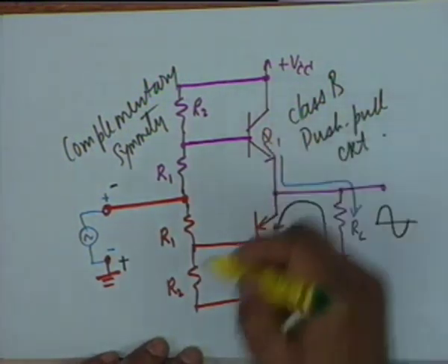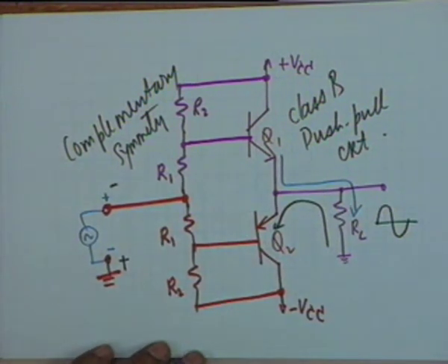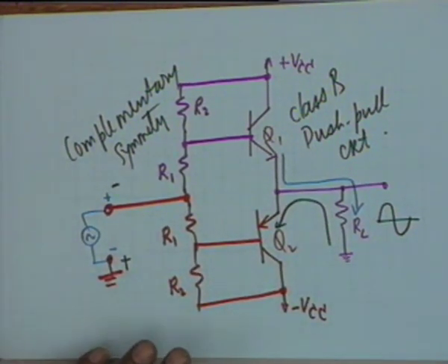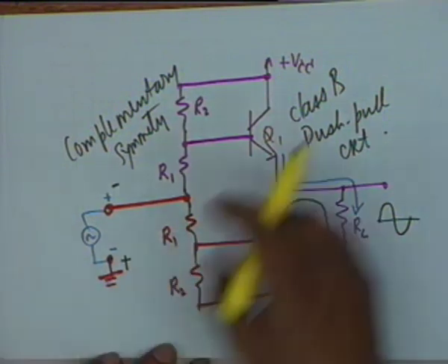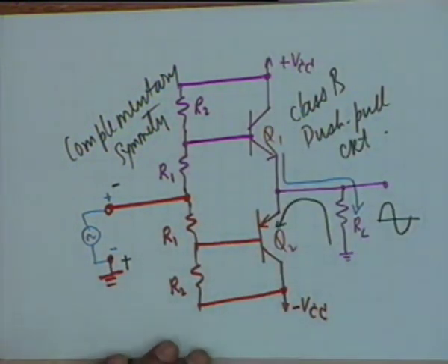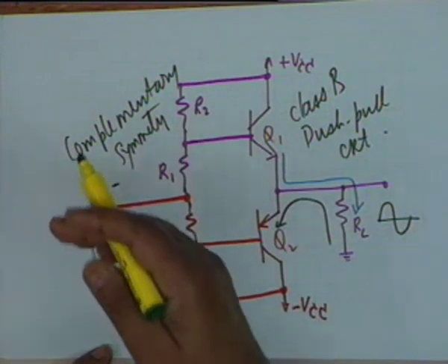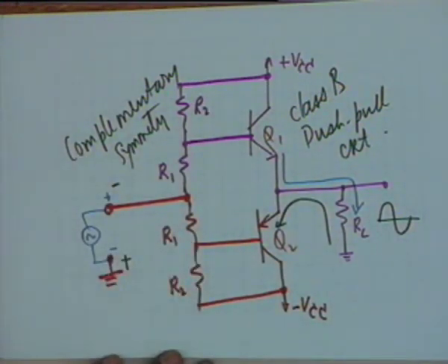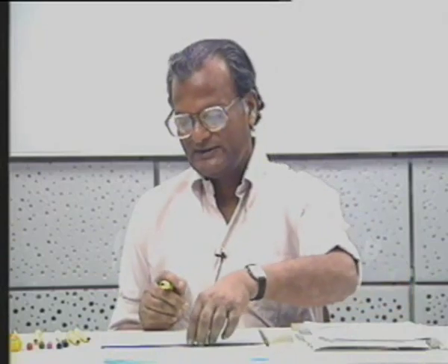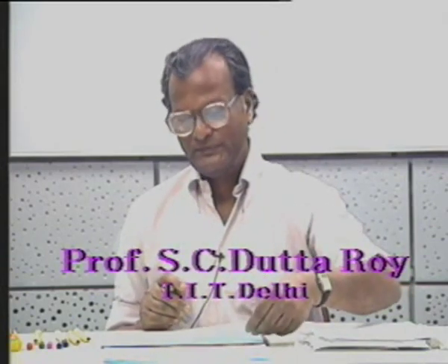The complementary symmetry required, you wanted to avoid transformers, right, and therefore the collectors have now been declared as dead, they are connected to ground. Collectors, you take the output across the emitter, and this is why I had to introduce the emitter follower circuit. Alright, this, as I said, is the most popular circuit.